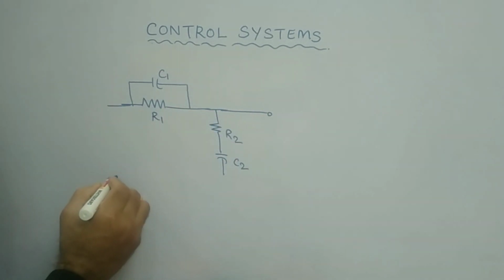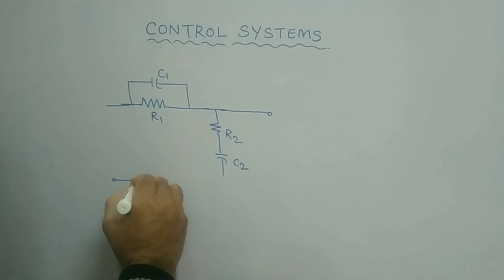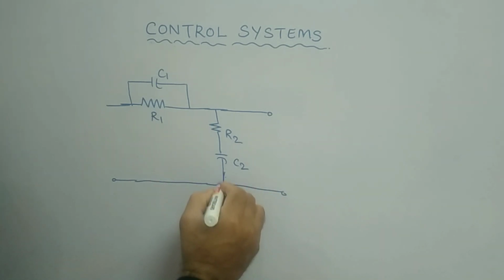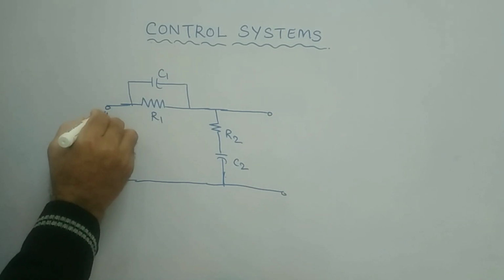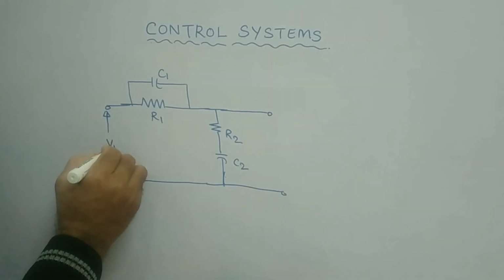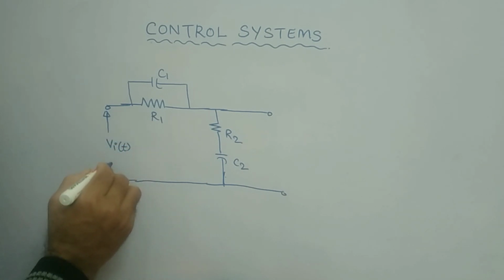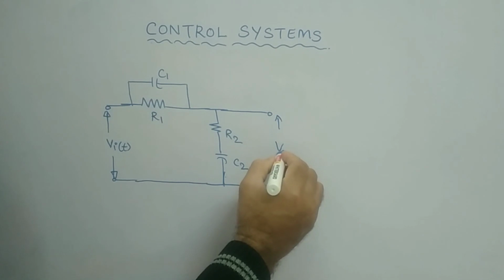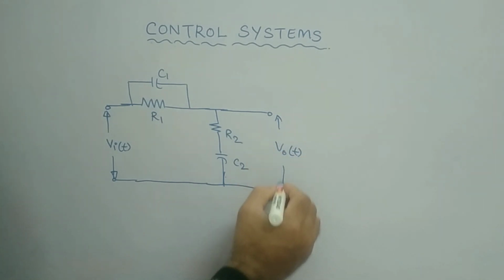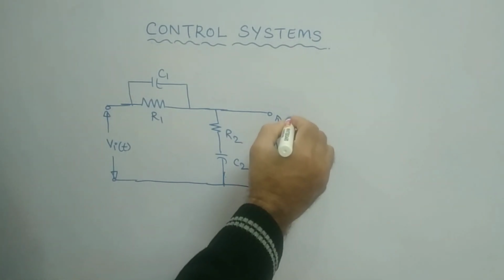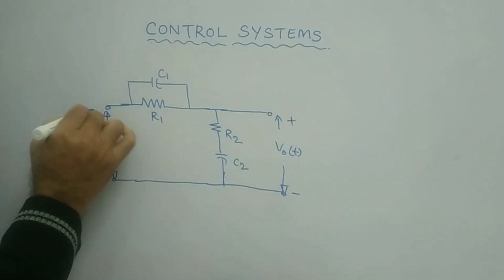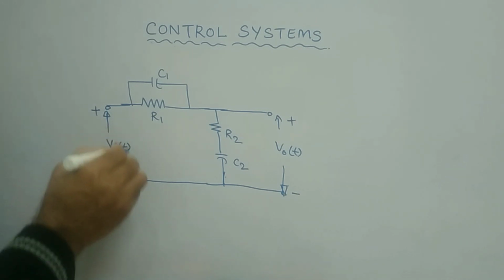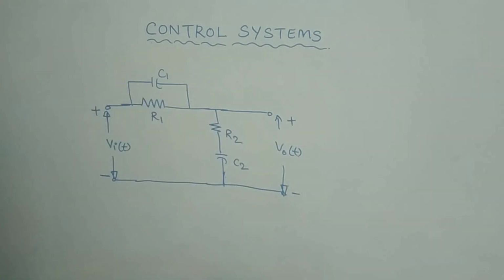This is a simple circuit, and here this is your Vi of t, the input voltage, as well as this is your V naught of t, the output. So Vi of t is your input, V naught of t is your output.